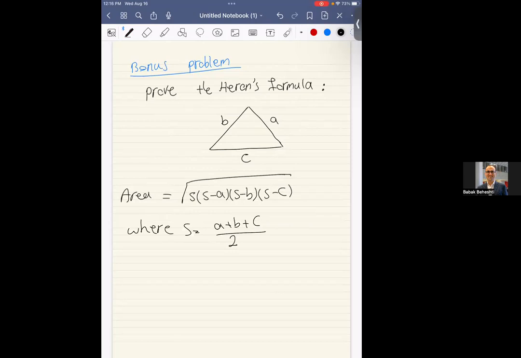This is a very nice formula for the area. It just gives you the area of a triangle with three sides. You don't need to find the altitude.